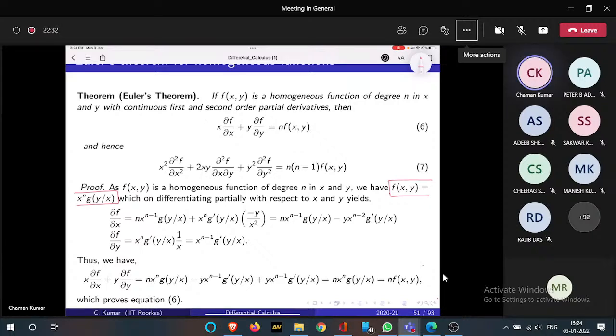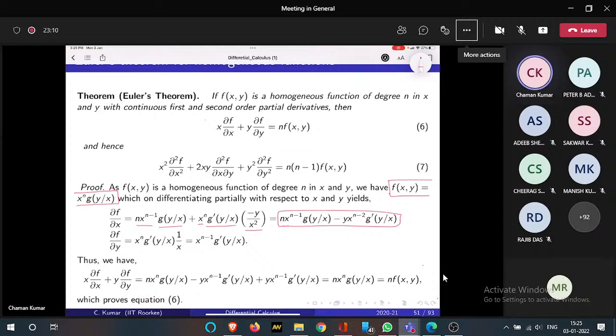So the derivative of x raised to n will be n into x raised to n minus 1 times the function g of y by x, and then plus x raised to n, and then apply the chain rule here for a function of one variable. So this will be the derivative of g, which we denote by g dash, and then the derivative of y by x with respect to x. So this will be minus y by x squared.